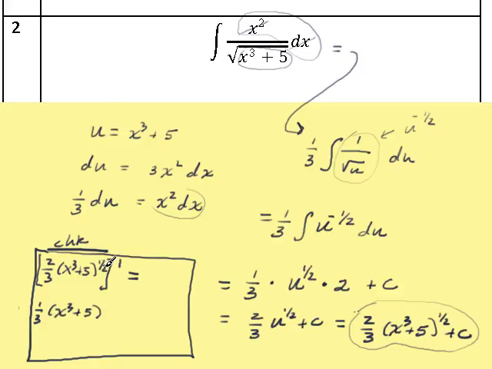Now 1/2 minus 1 is minus 1/2. Now the derivative of the inside is 3x squared. These 3's cancel. Let's put this in the denominator, and we get x squared over the square root of x cubed plus 5. That's our check. We got the integrand back, so that's correct.